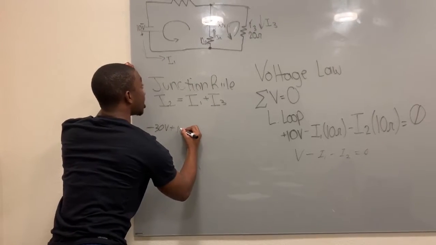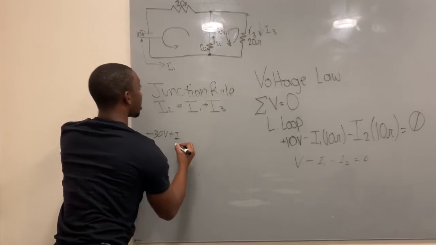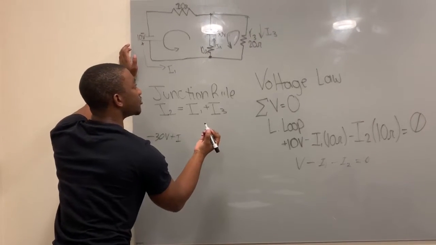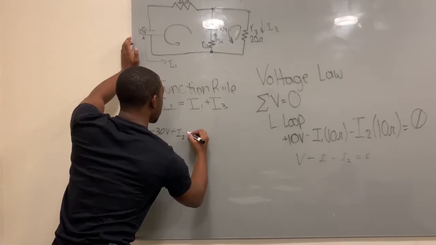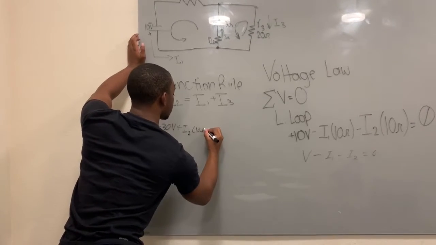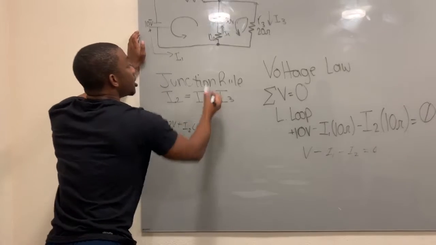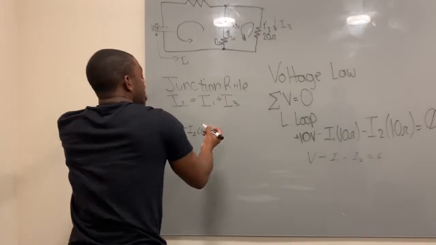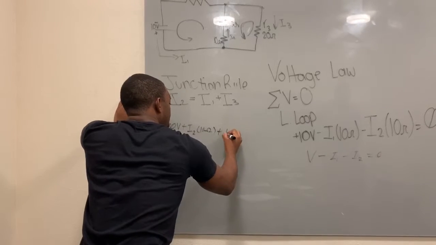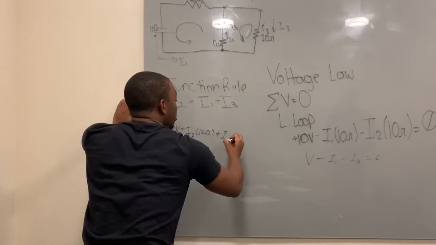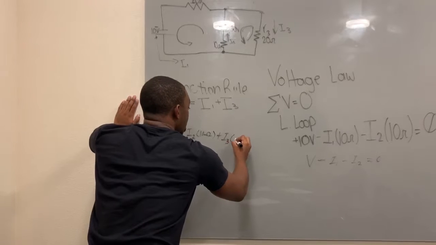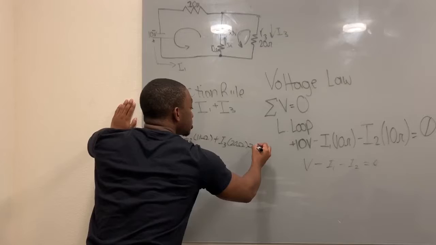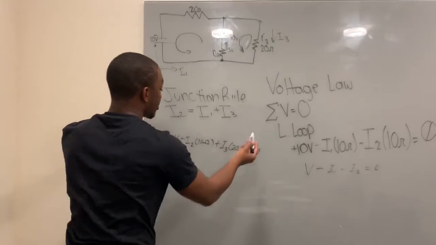It is positive because you are going against the current, so you're adding voltage. And then since you're still going against I3, it's going to be plus, again because you're still adding voltage, I3 times 20 ohms equals 0. And it's still equal to 0 because of the voltage law.